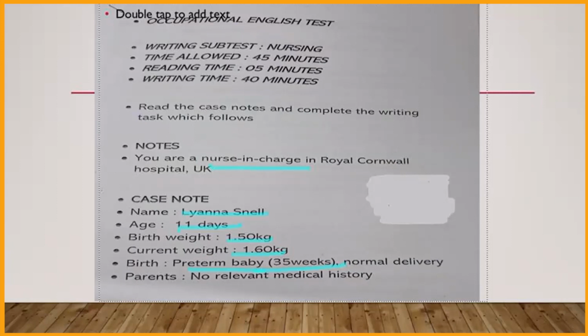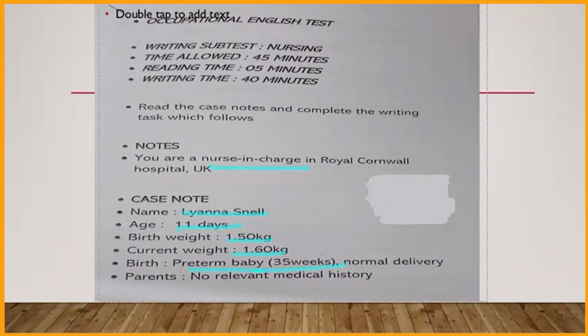Yeah, there are different ways of writing, but provided you get all the information ready, that is enough. Anyone else who has a different idea of writing? Can you try once again? Liana is a preterm baby. She's a first child for her parents. Her birth weight was 1.5.